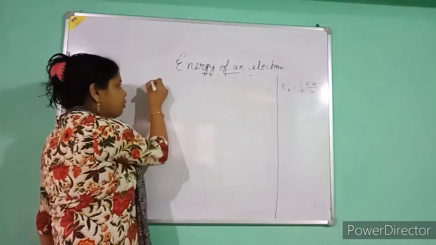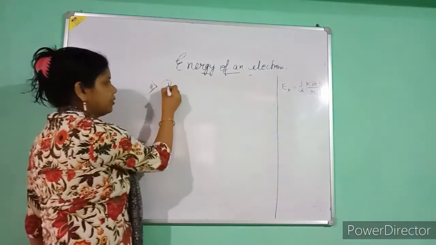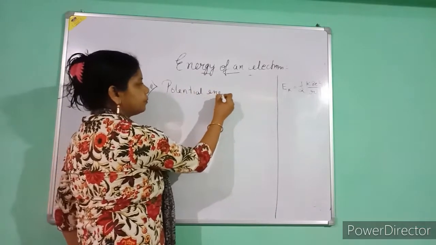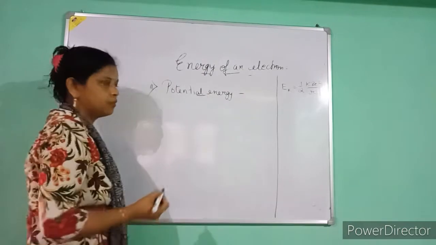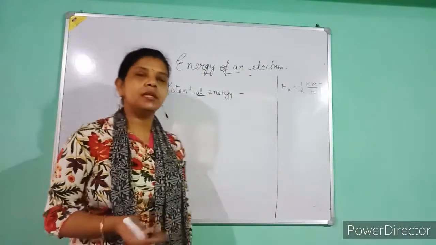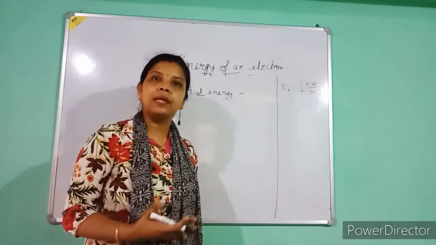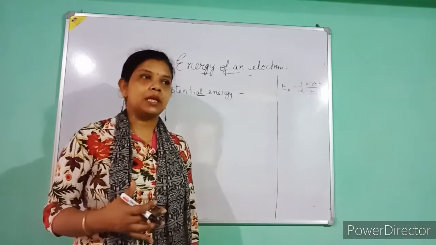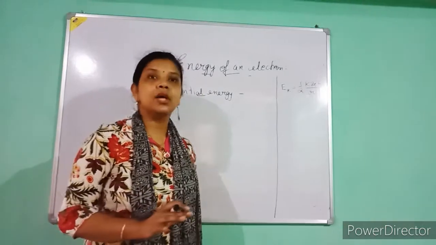What is the second form of energy associated with an electron? It is the potential energy. Now we have to calculate this potential energy. Here charges are there, so obviously it will come from electrostatics, where we have studied the potential energy of a charge.